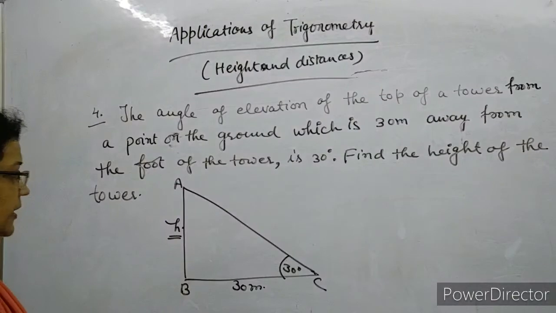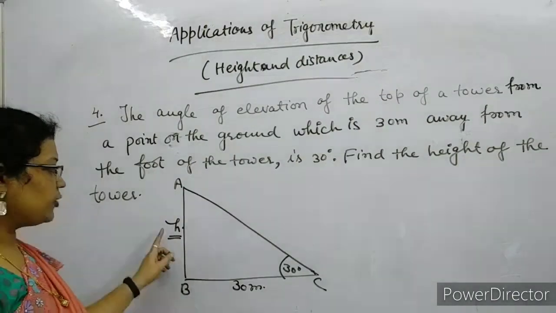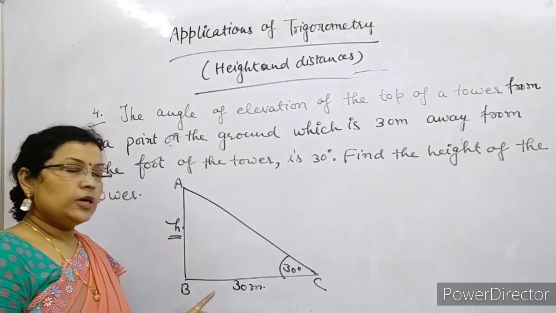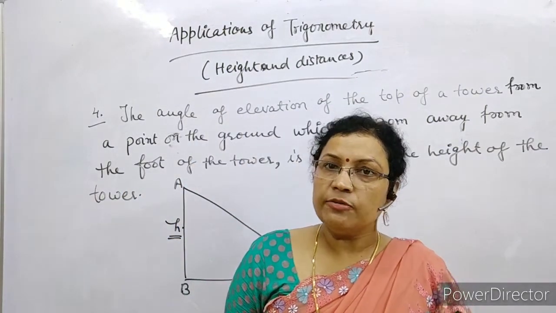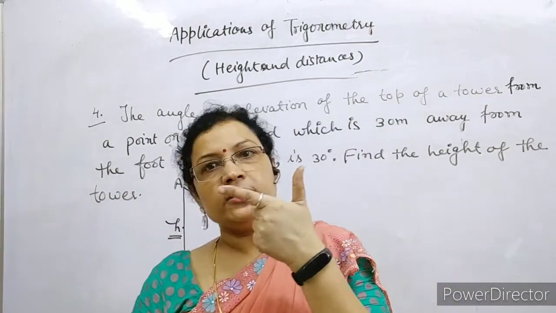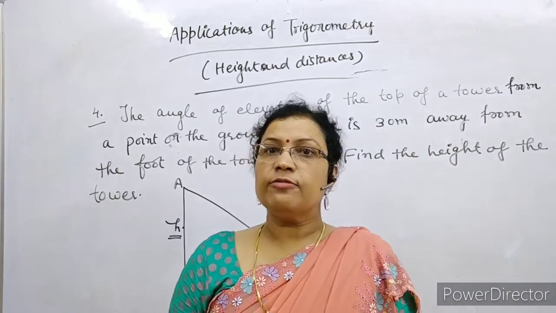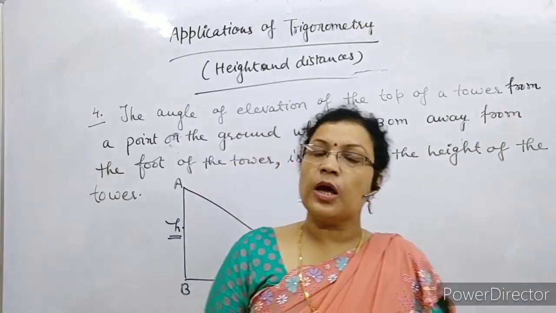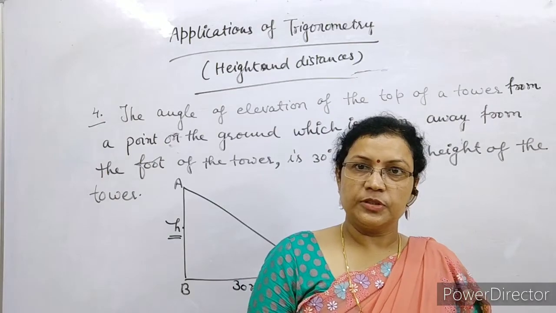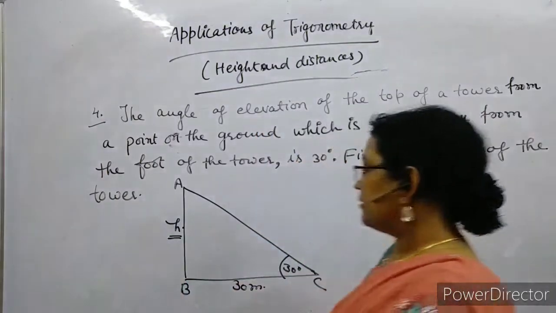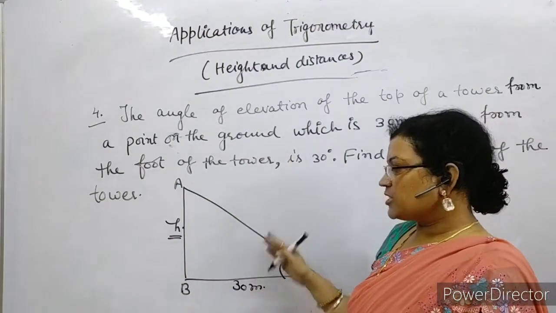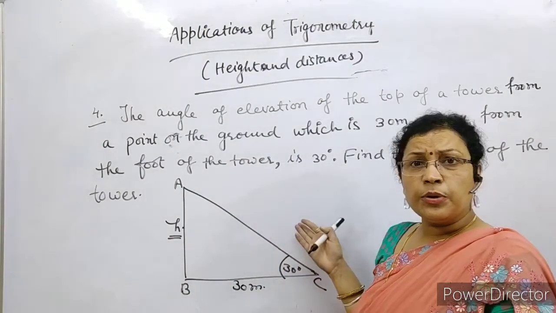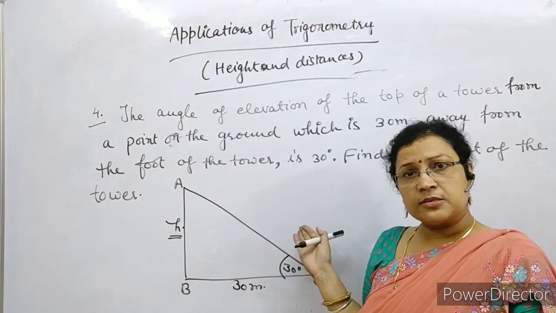Students, we always take that trigonometric ratio in which one value is known and one is unknown, so that when we calculate, we come to know the unknown value. Here we can't take cos because it is based on the hypotenuse, but we don't need to calculate the hypotenuse.